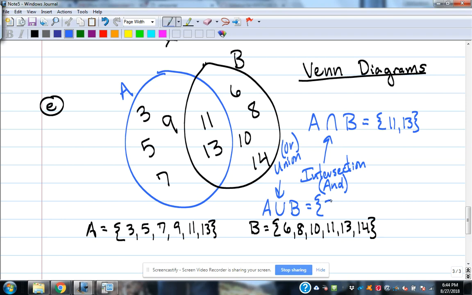Well, that's all of those: 3, 5, 7, 9, 6, 8, 10, 11, 13, 14. A union is an or. Unions have a lot more stuff in them than intersections do.